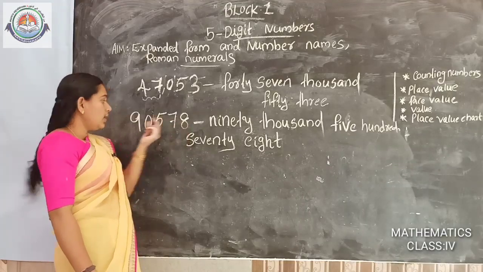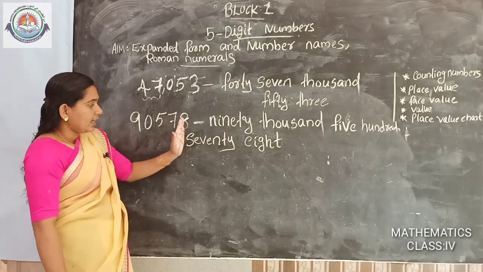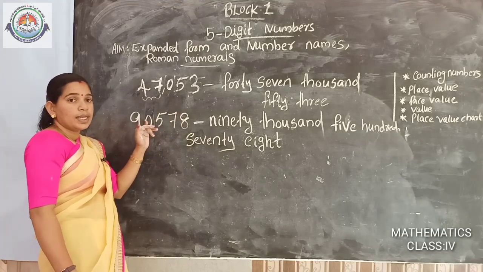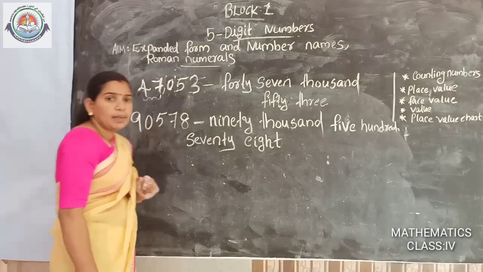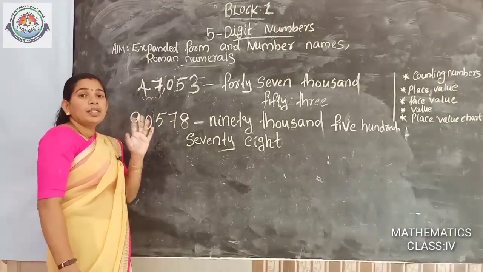Next, 90578. Then we will check: ones, tens, 100, 1000, 10,000. 9 is in the place of 10,000. In the 1000 place, 0.